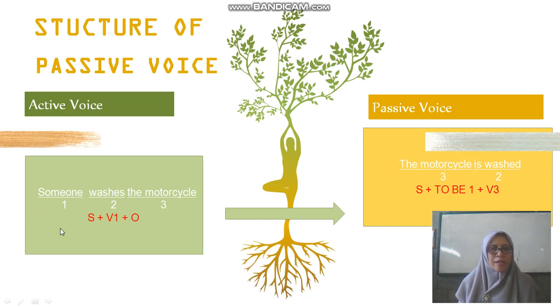And then the verb will change into past participle. But don't forget to add the to be. Because this is verb 1, the to be should be in the form of the first. Because it is motorcycle, the verb is.